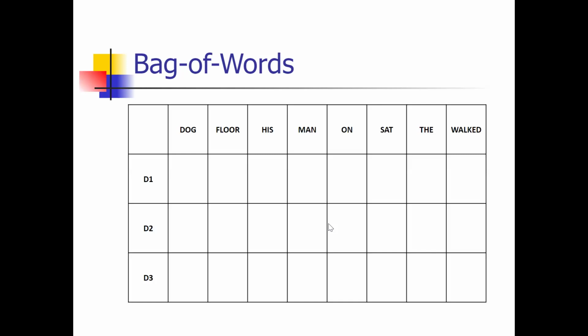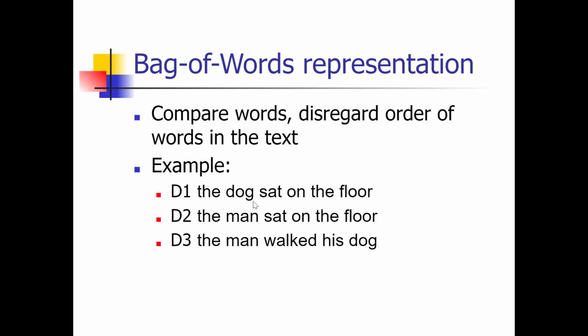And what do we do? First of all, you look at the vocabulary. That means we have the article the, dog, sat, on, floor. Likewise, you go through each and every word in these documents, and that will be the vocabulary. So on one side we have this vocabulary, the set of keywords, and on the other side we have the set of documents.